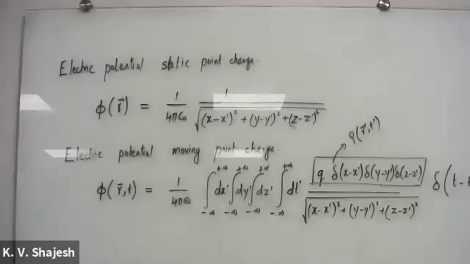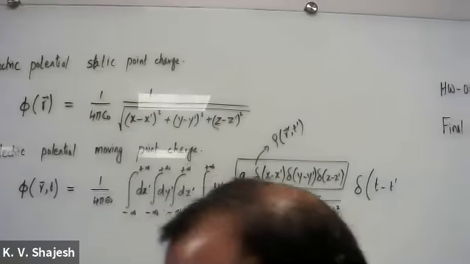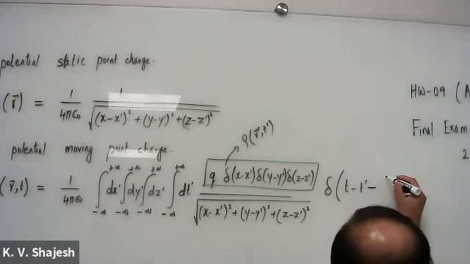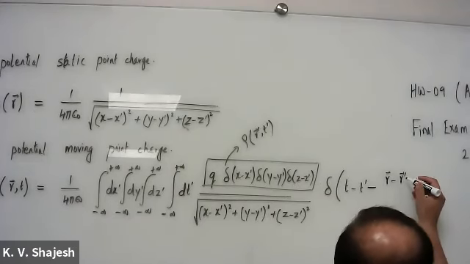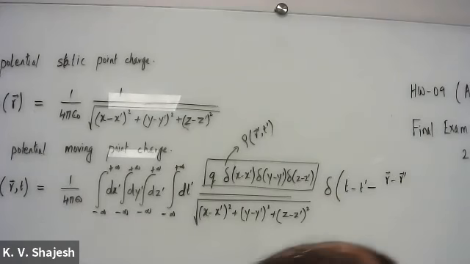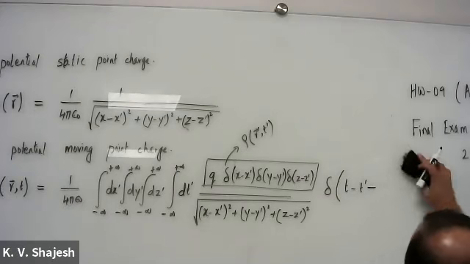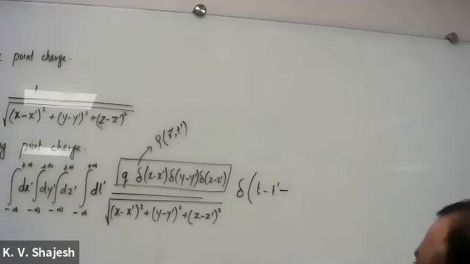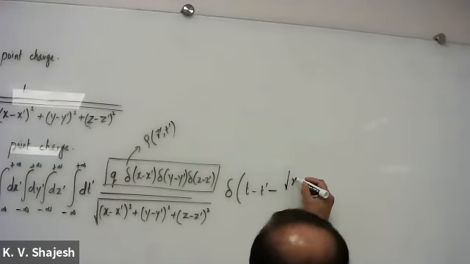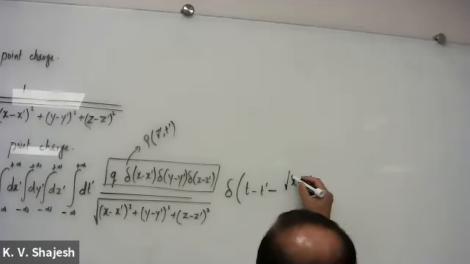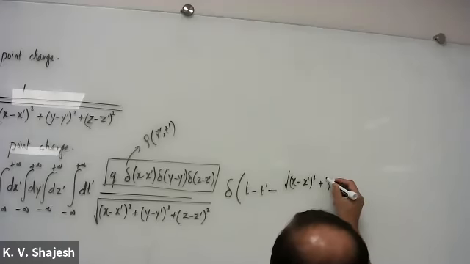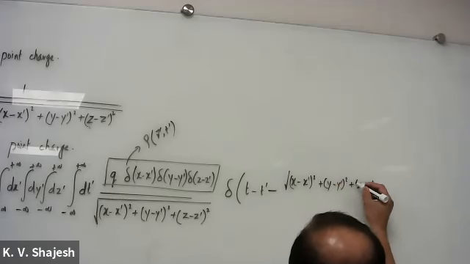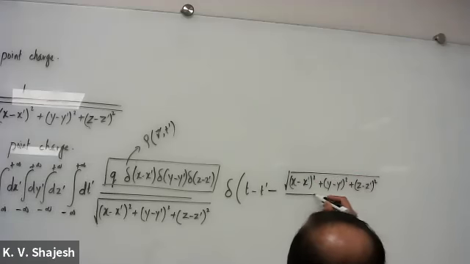Oh, can you guys see it? Probably not. I'll change the camera. So it's t minus t prime minus the magnitude of r minus r prime, which I want to write explicitly. So this is x minus x prime squared, plus y minus y prime squared, plus z minus z prime squared, all over c.